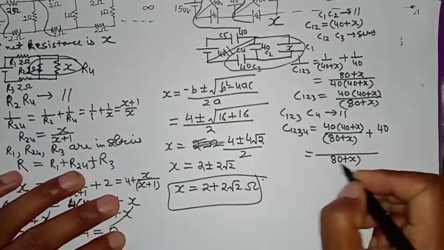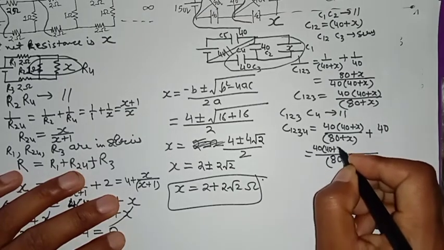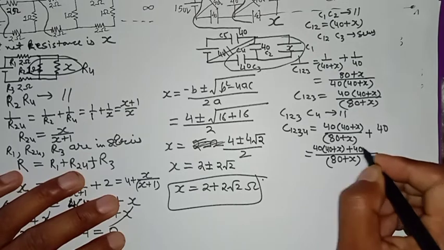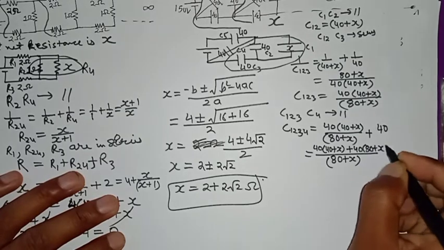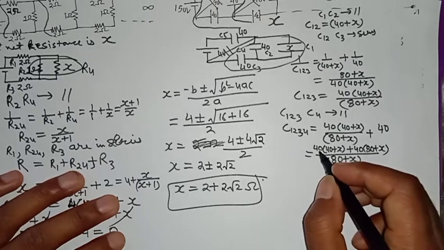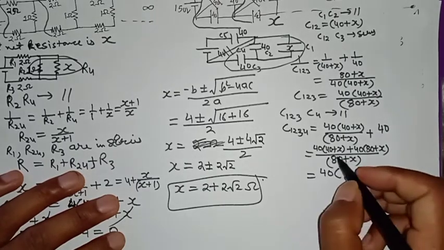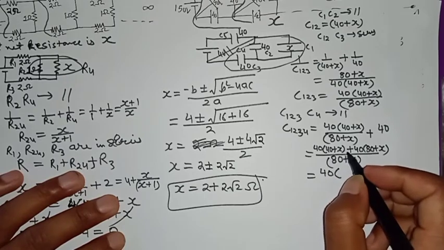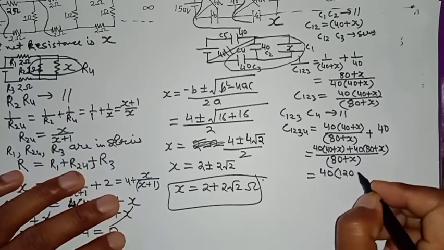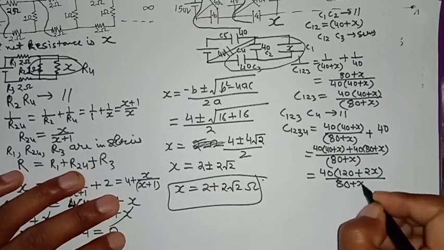80 plus X, 40 plus X plus 40, 80 plus X. If we take 40 common, I don't know whether it will be good or not, but it is something we can do to simplify things.